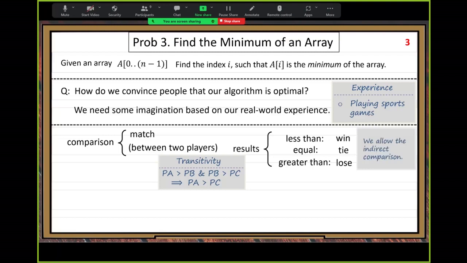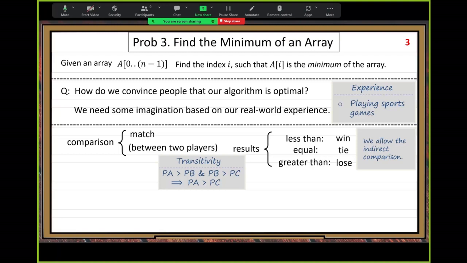Because we have the transitivity property, we allow indirect comparison. What's that? If PA is greater than PB and PB is greater than PC, we already know PA is greater than PC. We do not need to do the comparison directly, so we can save one comparison between PA and PC.